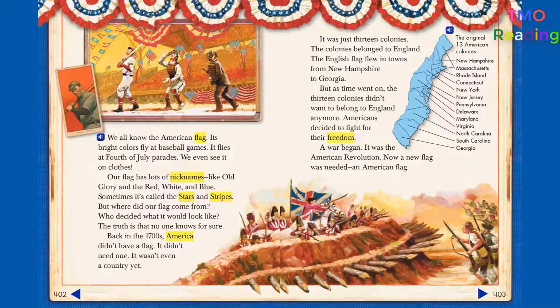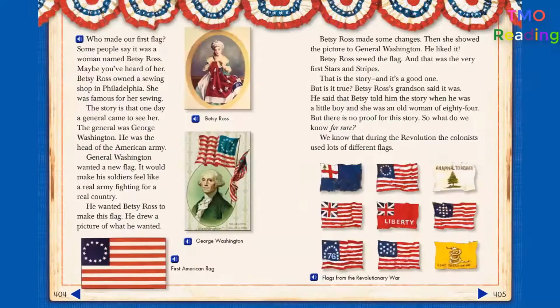The original 13 American colonies: New Hampshire, Massachusetts, Rhode Island, Connecticut, New York, New Jersey, Pennsylvania, Delaware, Maryland, Virginia, North Carolina, South Carolina, Georgia.